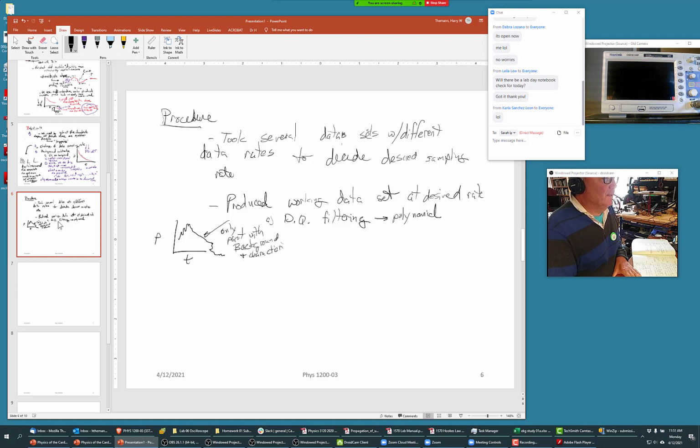What happens is, if you don't get rid of this stuff, then the polynomial will try to fit this, and it'll just go nuts, and you don't want that. You just want this really sweet spot.